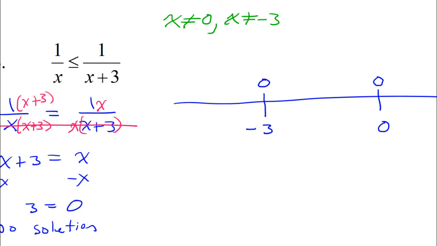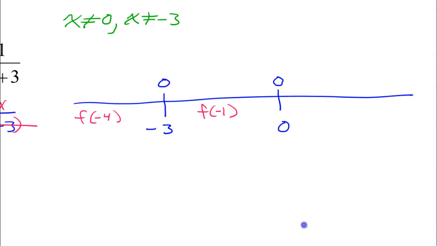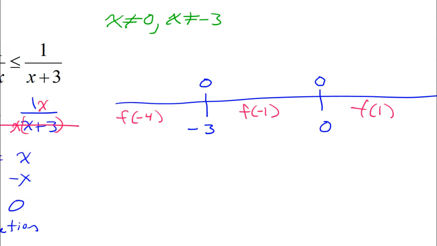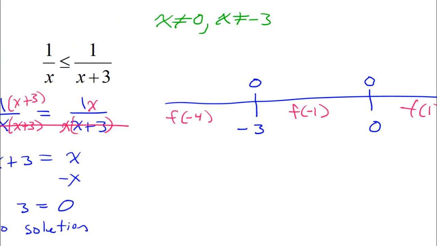So now we need test values. So over here to the left of -3, I'm going to do -4. Between -3 and 0, I'm going to do -1. And to the right of 0, I'm going to do +1. Okay, now here's where the tricky part comes in.